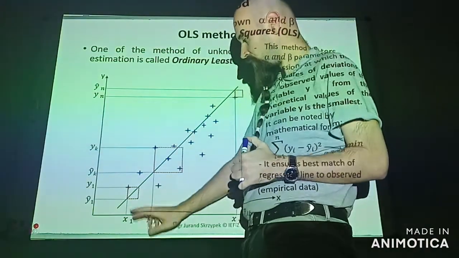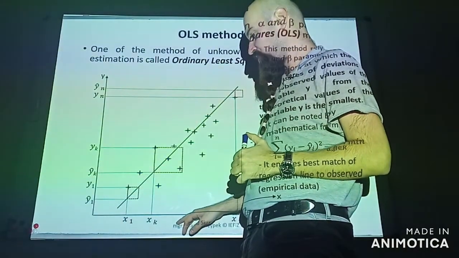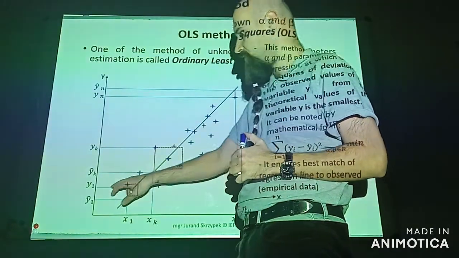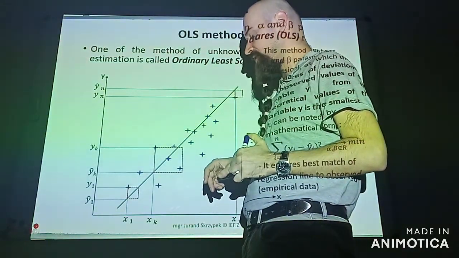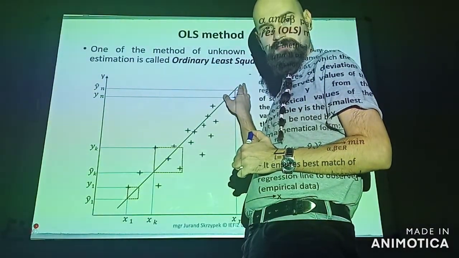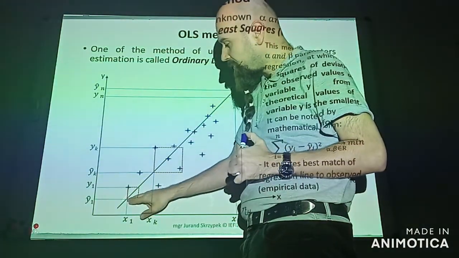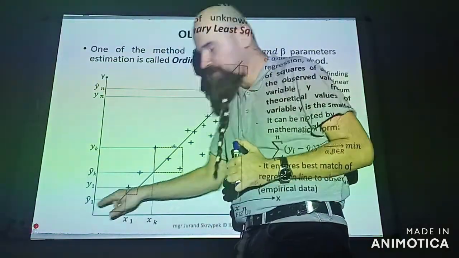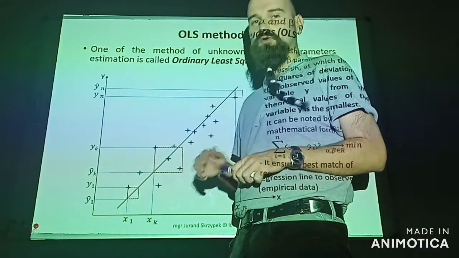And now, for any x observation, we can indicate the empirical observation of y, and also, if I have here a theoretical, hypothetical straight line that represents the model, for each x I can also indicate the theoretical value of y with a roof.